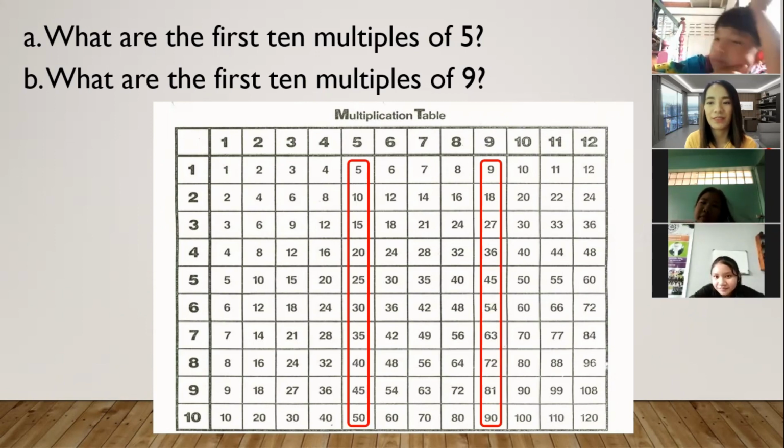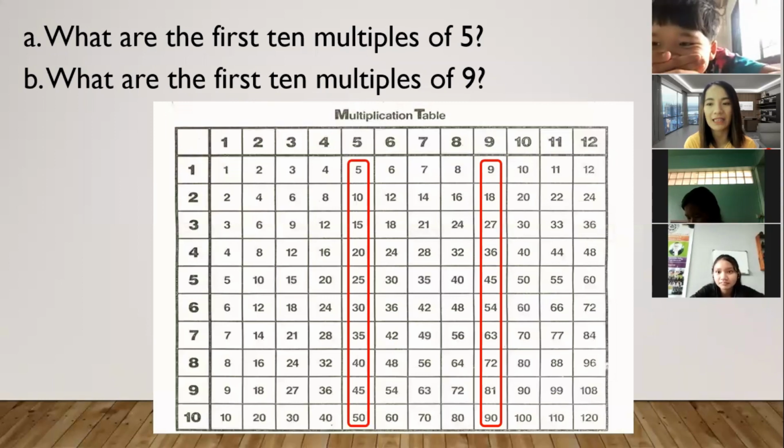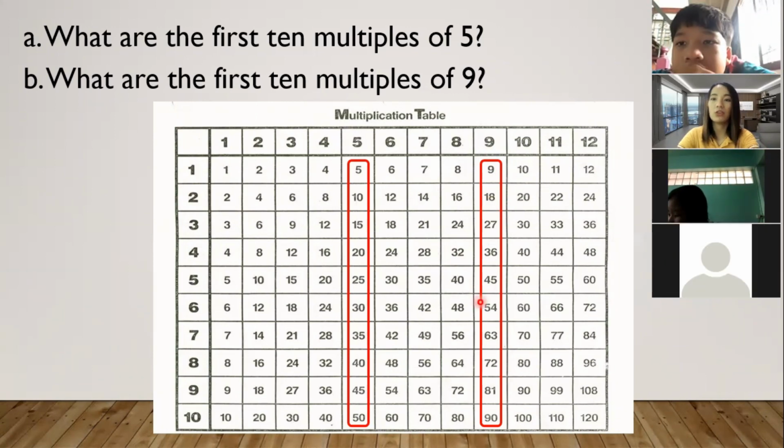What's the answer? Second meaning 9 times 2 equals 18. Very good.